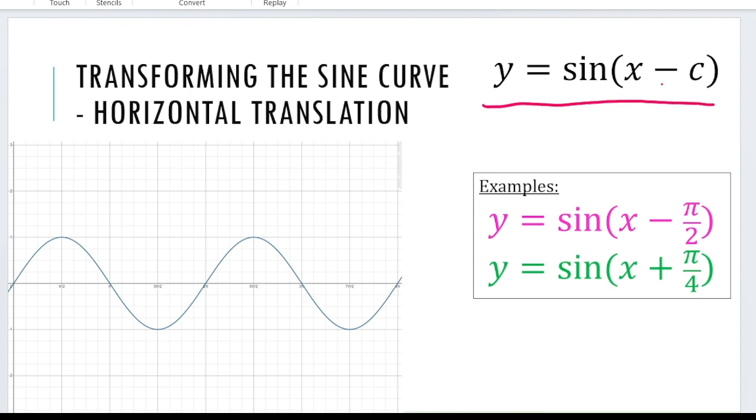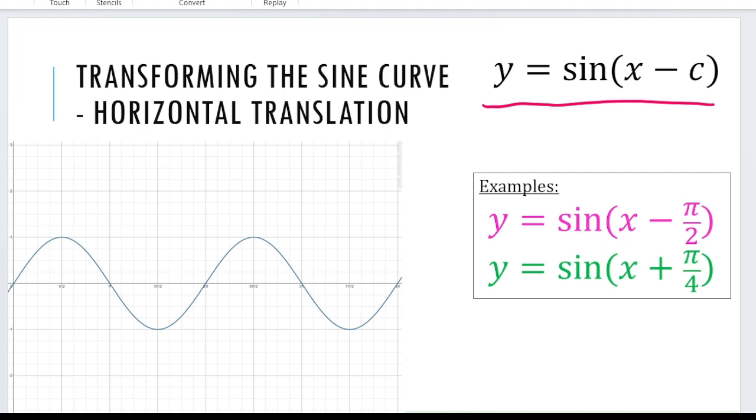It's something that a lot of people do get tricked with because the form of this function is sine of (x take c) within the brackets, really focusing on the fact that there is a minus sign here. Now, the c is referring to how much it is translating in the x direction towards the positive direction.